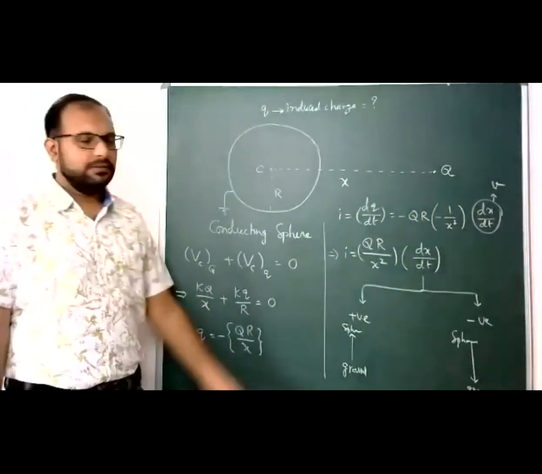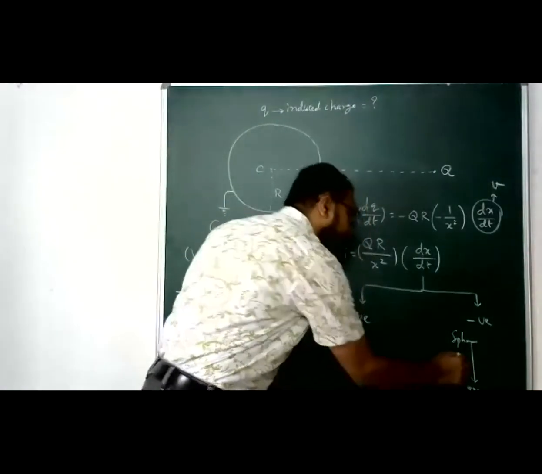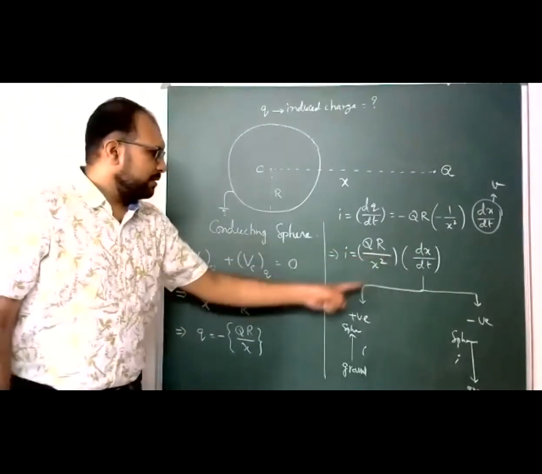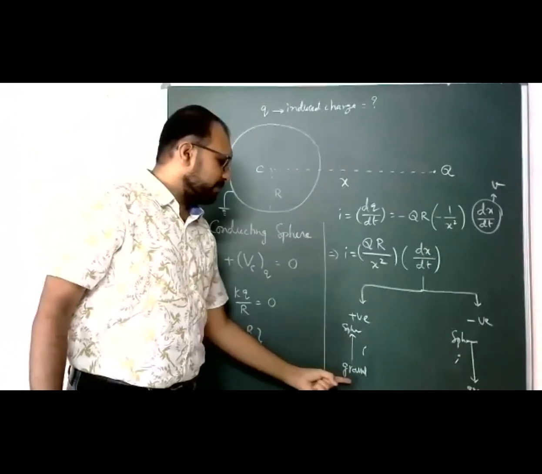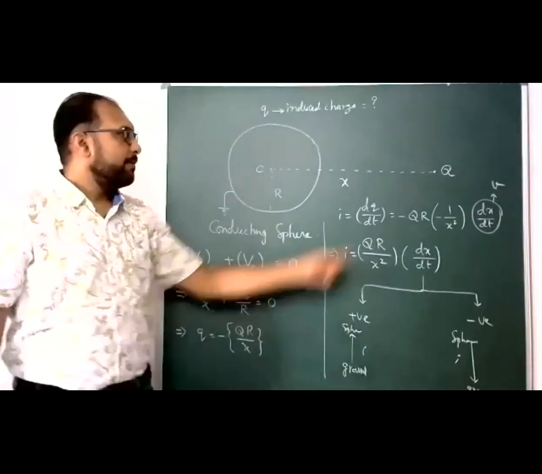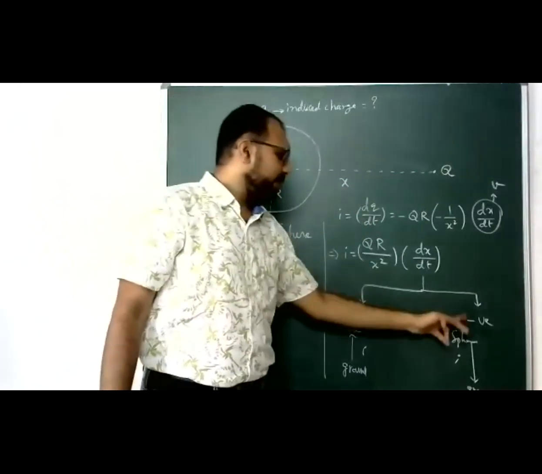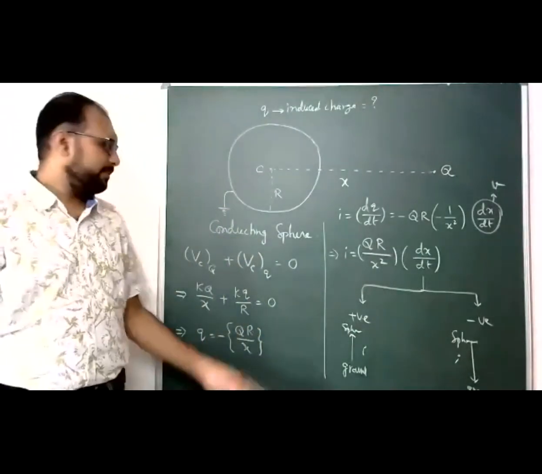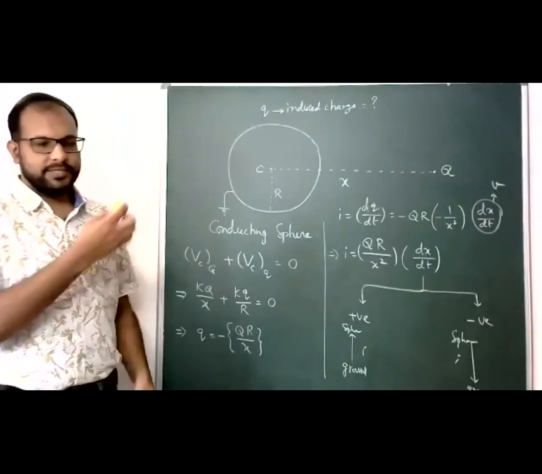This is the current direction. When the point charge moves away, the current is from ground to the sphere. When it moves towards the center, that is negative, the current is from sphere to the ground. But the value is the same. This is good.